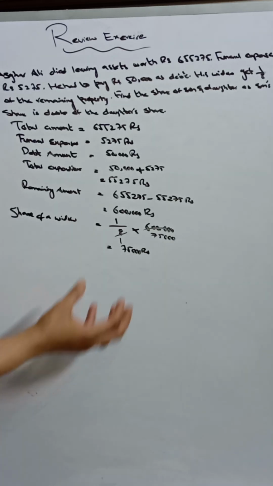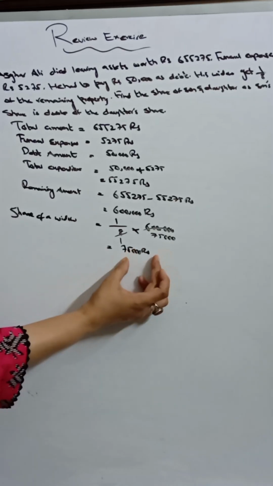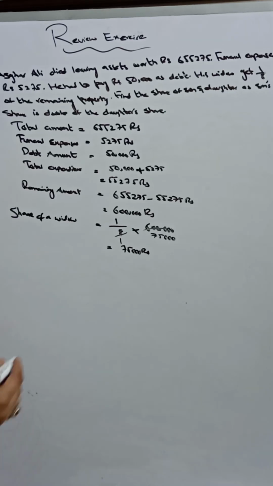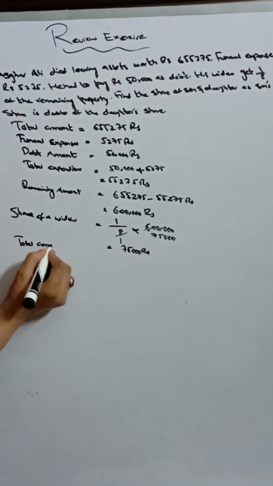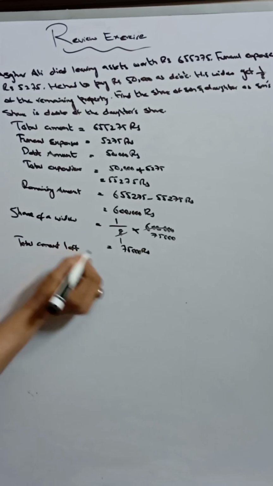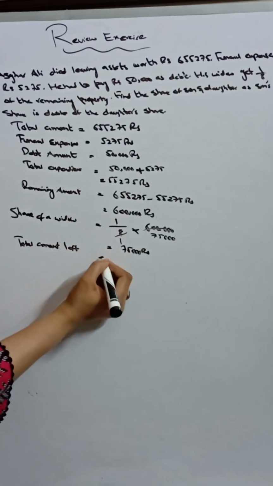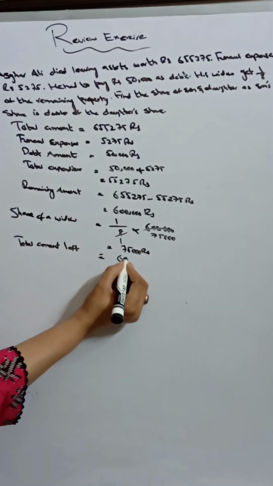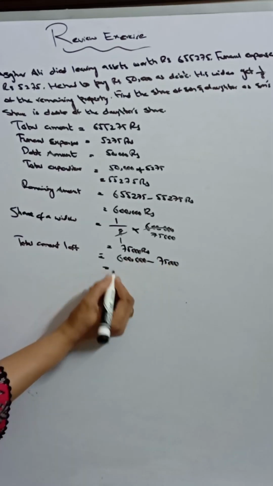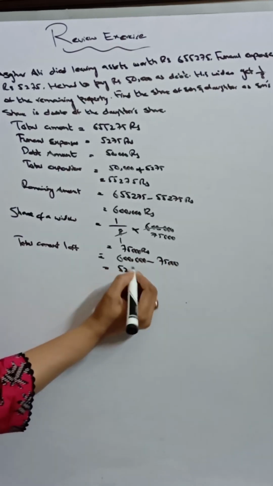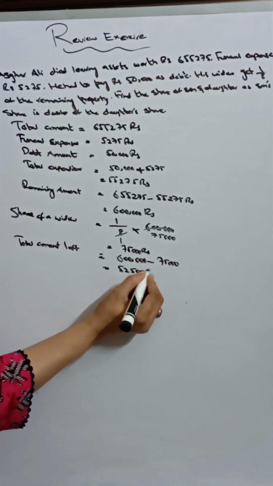Alright, now we have to subtract the share of the widow from the remaining amount. Total amount left after giving the share of the widow: 6 lakhs minus 75,000. What is the answer? 5,25,000 rupees.